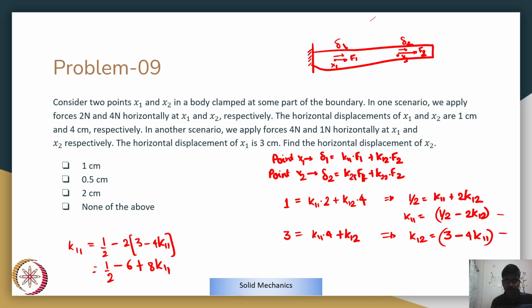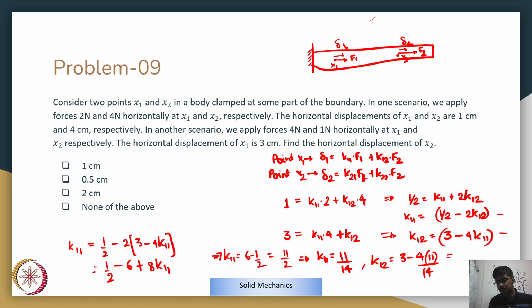If we just rearrange, this becomes 7k11 is 6 minus half, which is nothing but 11 by 2. So k11 is 11 by 14. K12 is 3 minus 4 times 11 by 14. We have 14 3s are 42 minus 44, which is minus 2 by 14.